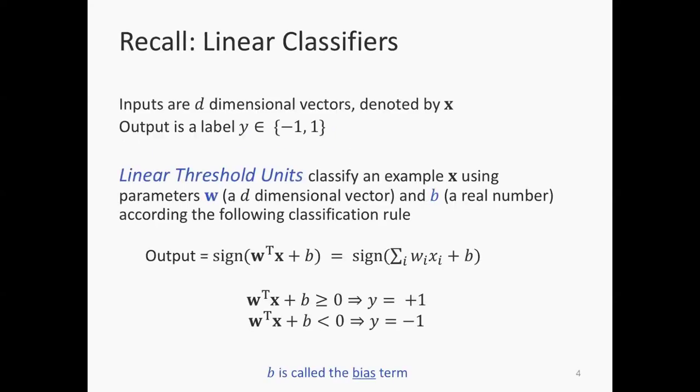The perceptron algorithm tries to learn a linear threshold unit. We've seen linear threshold units before, but just to remind you, we have a d-dimensional instance space. In other words, our instances are vectors with d elements, or if you want to be more boring than that, our instances are d numbers. It's an array of d numbers.